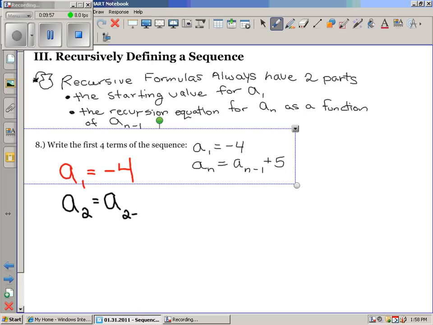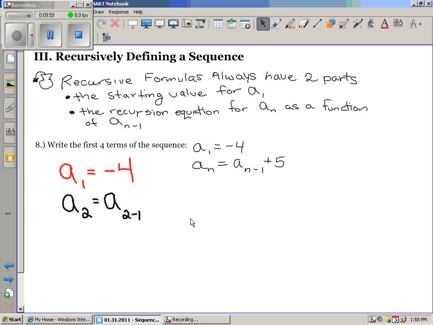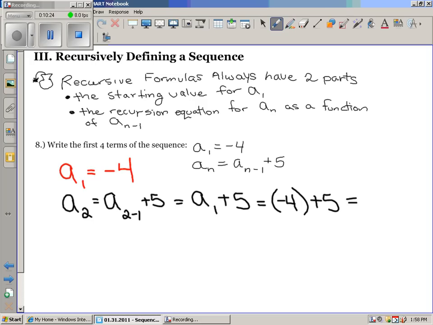A sub 2 minus 1 plus 5. So a sub 2 minus 1, 2 minus 1 is 1. So basically what this formula says is that the next term of this sequence, you take the first term that you got and you add 5 to it. So we get negative 4 plus 5, which is negative 1.